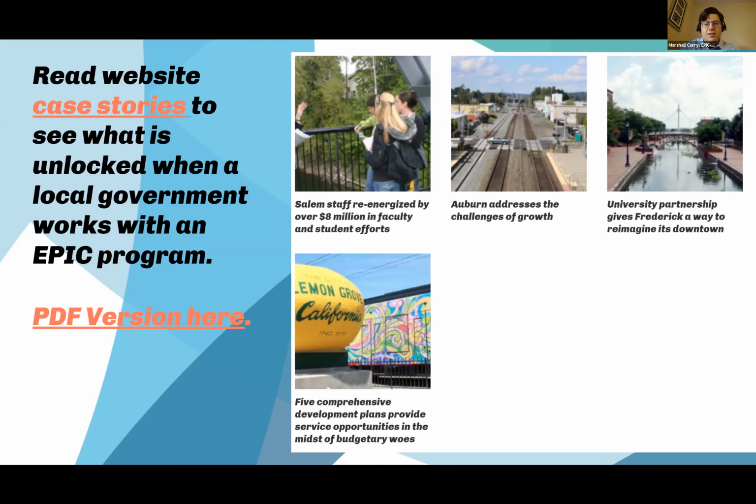You can see from these stories on our website that some really amazing things happen when our universities use the EPIC model to partner with local governments. You can also find a PDF version of these stories on our website for your use as you're trying to start a program or in conversations with other local governments, or how you see fit.